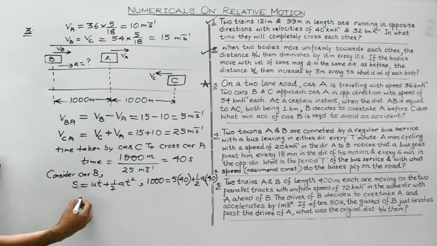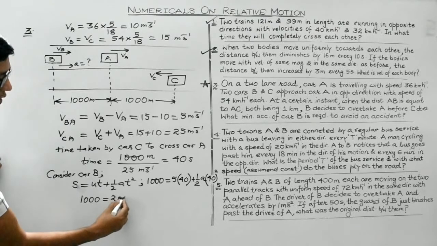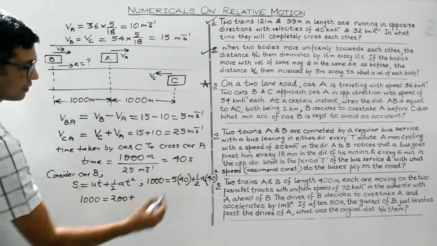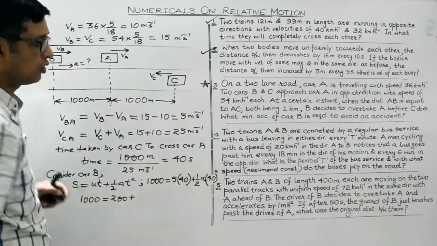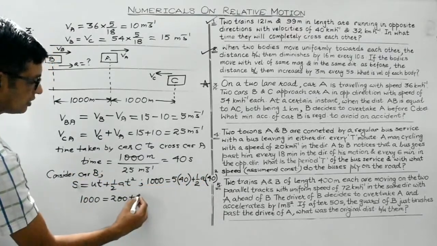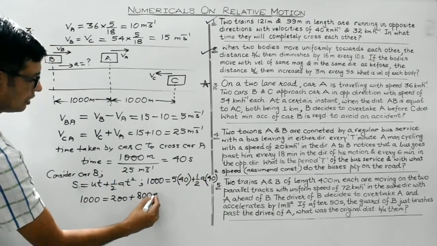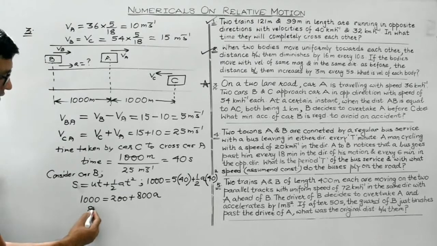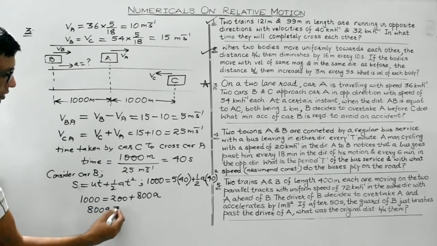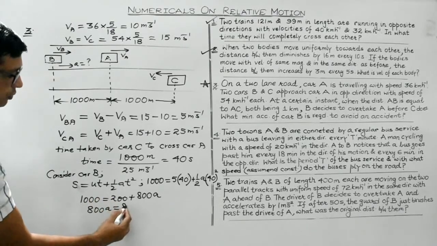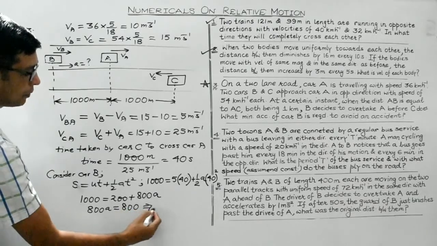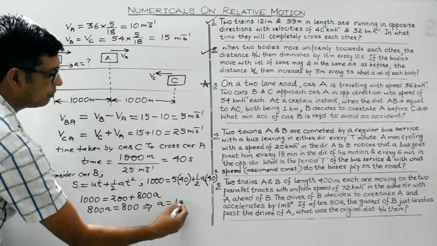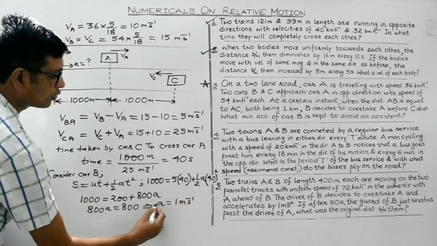Right? Let's solve it. So what we get is 1000 is equal to 200 plus half times 40 square, that is 1600 divided by 2, which is 800, times a. So we get 800a is equal to 1000 minus 200, which is 800, which implies that a is equal to 1 meter per second square.